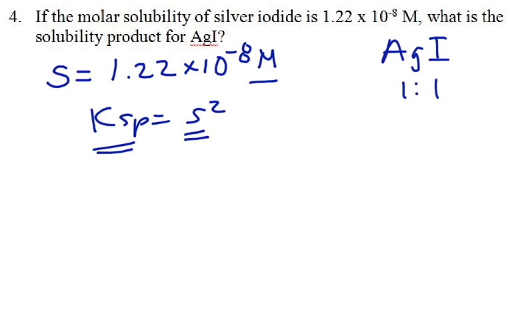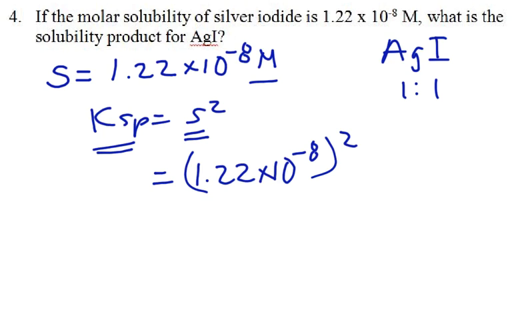So the Ksp is simply going to be 1.22 times 10 to the negative 8 squared. Now we figure that's going to be 10 to the minus 16 for the answer, and 1.22 squared is about 1.5.